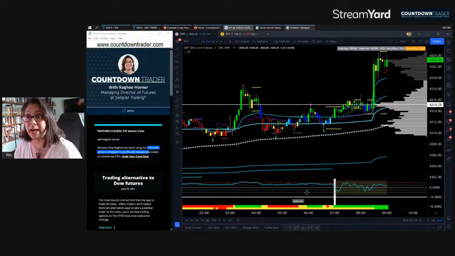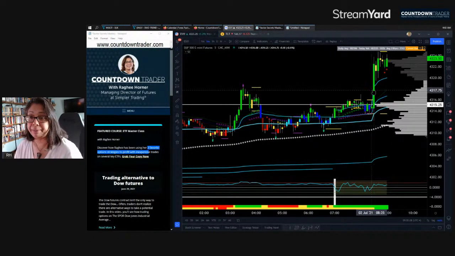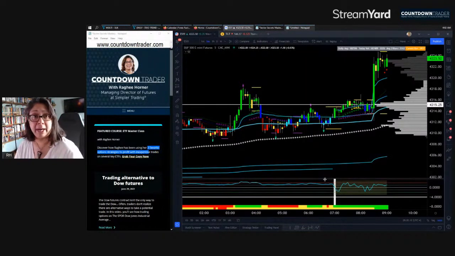Anyways, that's what I'm looking at here. And you can see that we're moving higher. One of the things that I do, by the way, and I don't have it active right now, is I will hook my TradingView up to my TradeStation platform. So I get a live futures feed.